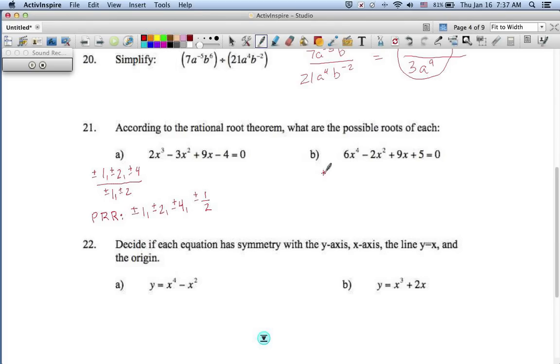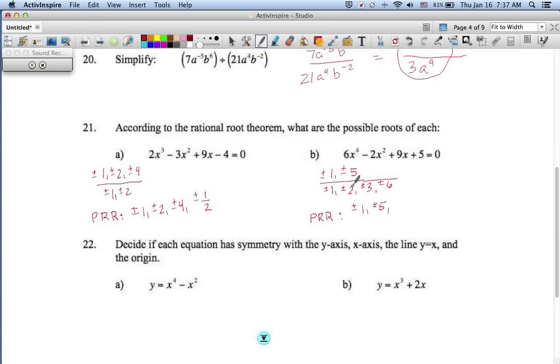Same deal over here. A little bit nicer because factors of 5 are few and far between, being as it is a prime number. But 6 has a couple extras, so we're going to have some more fractions going on here. So possible rational roots, after we list the factors, we get plus and minus 1, plus and minus 5.